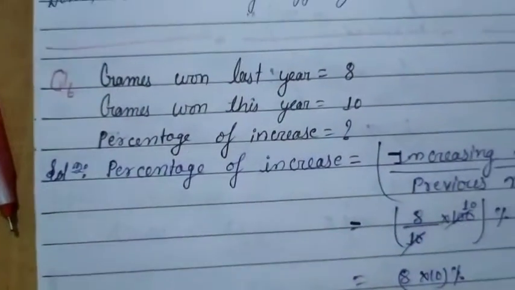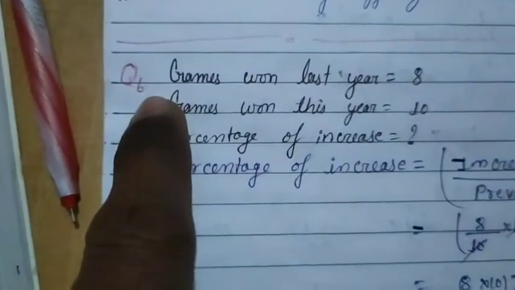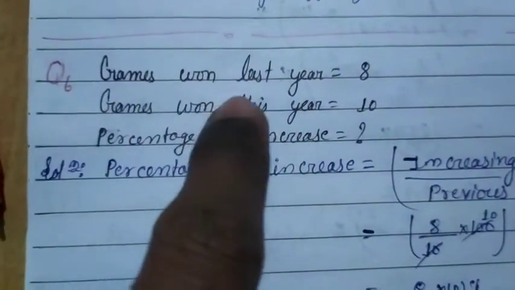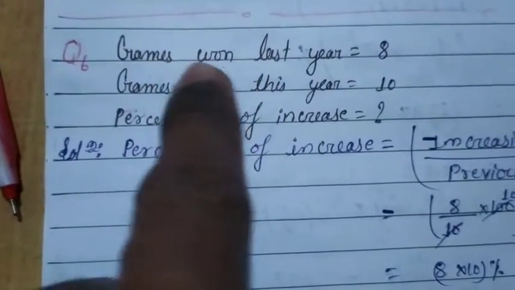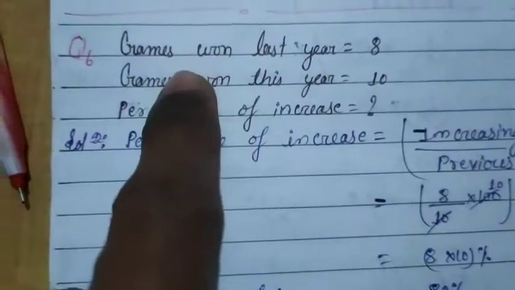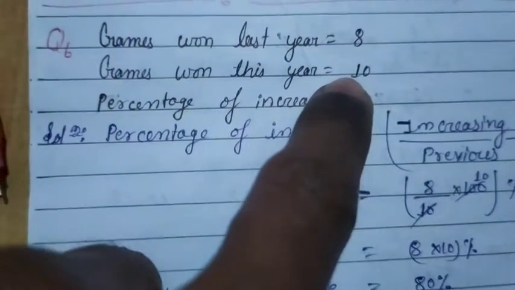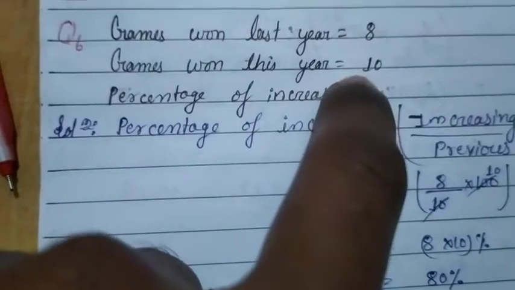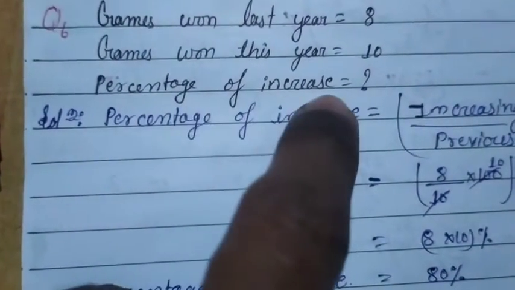The very first question related to percentage increase or decrease is question number 6. It says games won last year were 8, and this year they won 10 games. It is obviously increasing, so we need to find the percentage of increase.